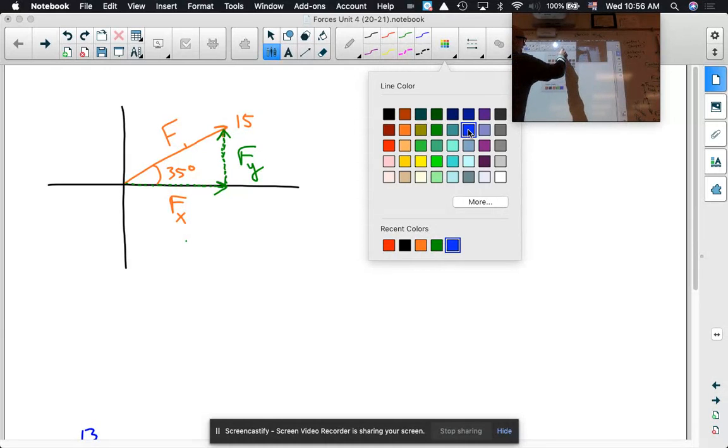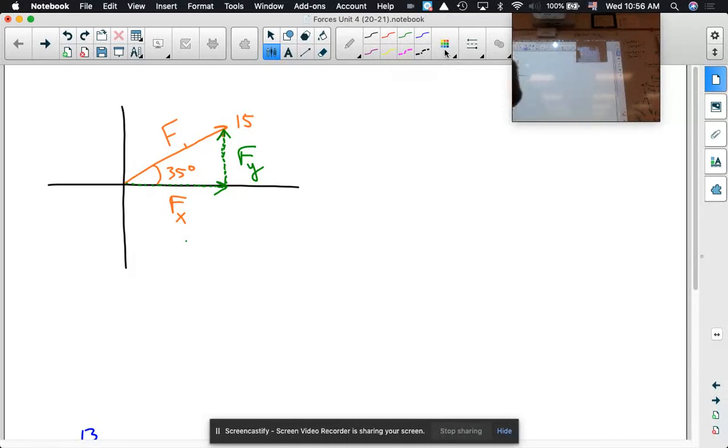If I'm looking at this angle here, and I know the hypotenuse, and I have the 35-degree angle, if I just pick a trig function, say sine of theta, which is the angle here, it's the opposite over the hypotenuse.